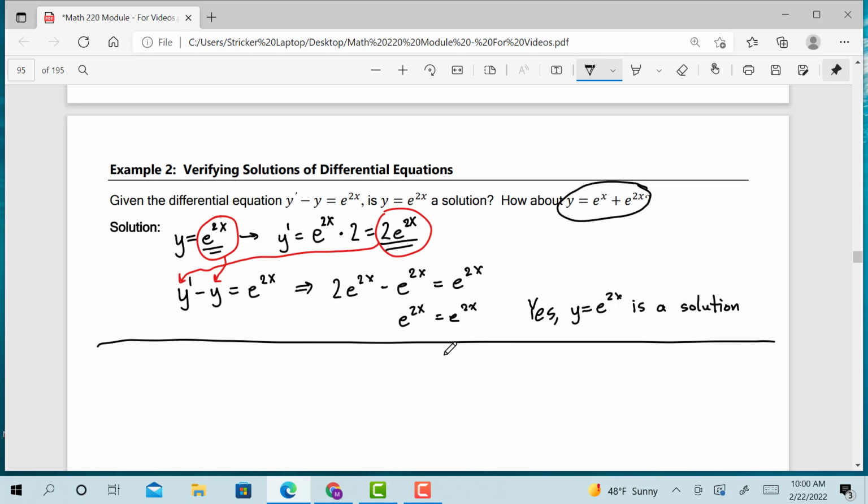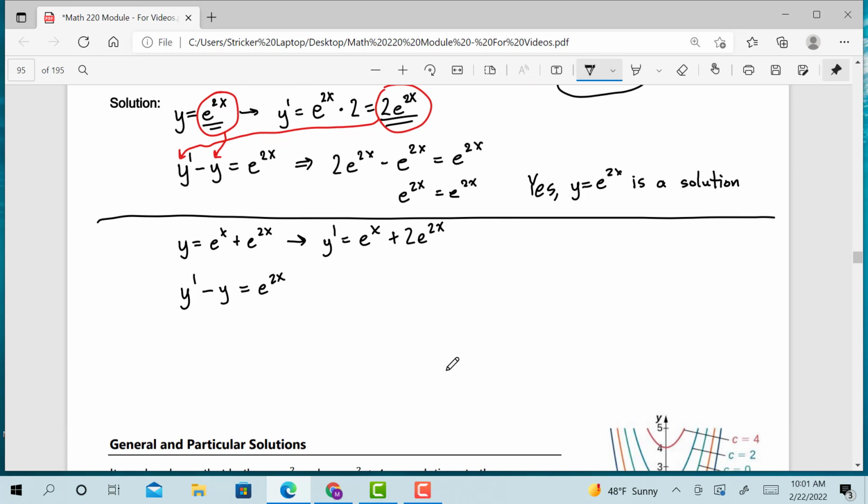So if we have y equals e to the x plus e to the 2x, then we can see that y prime is going to be e to the x plus 2e to the 2x. And taking our equation y prime minus y equals e to the 2x, we can go ahead and substitute in there.